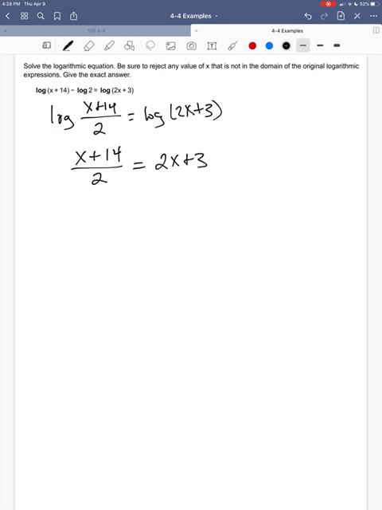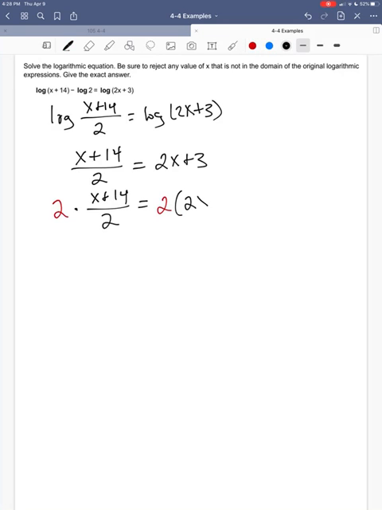And now to solve this, I probably want to get rid of the fraction, so I'm going to multiply both sides by the LCD, or the lowest common denominator. There's only one denominator here, 2, so I'm going to multiply both sides by 2. So I'm going to take 2 times x plus 14 over 2 equals 2 times this whole side.